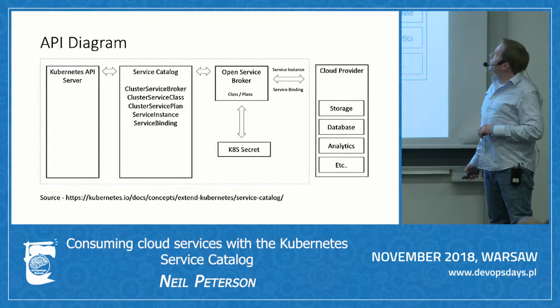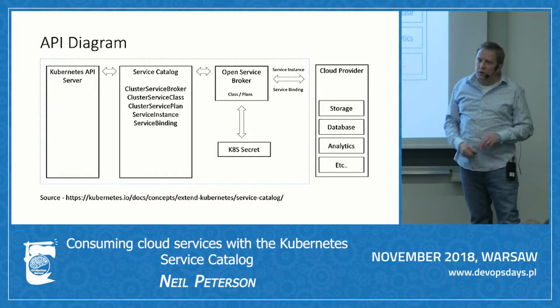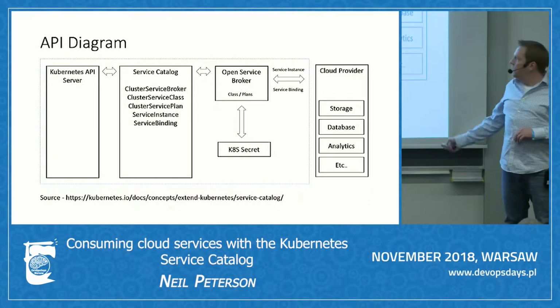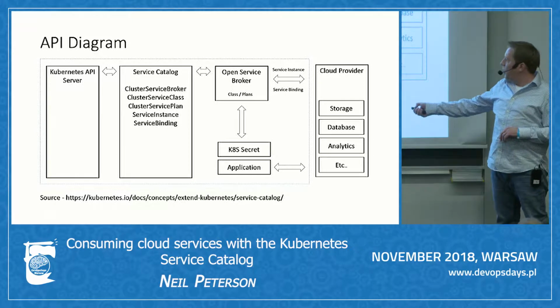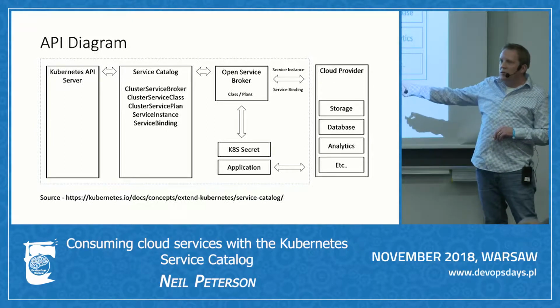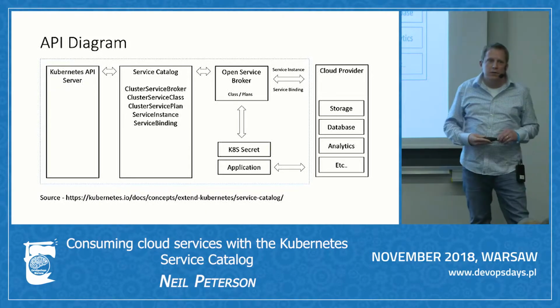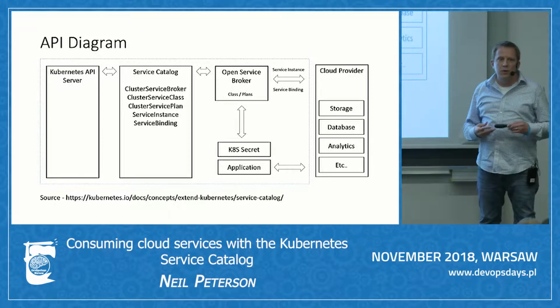We then create a binding, which pulls the information from that cloud provider and stores it in a Kubernetes secret. We then start our application as a pod inside of our Kubernetes cluster, which grabs those connection strings and access keys, and then can start to utilize the service that we've deployed in the cluster.